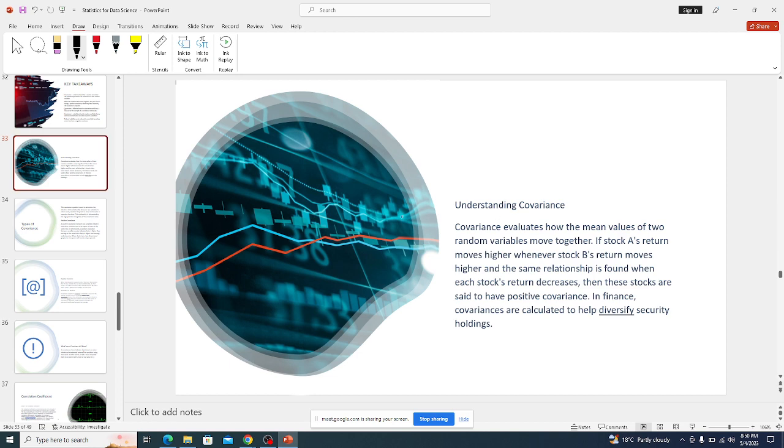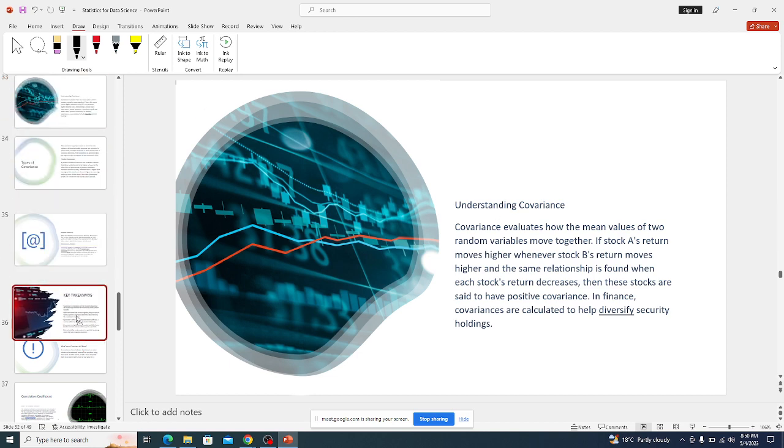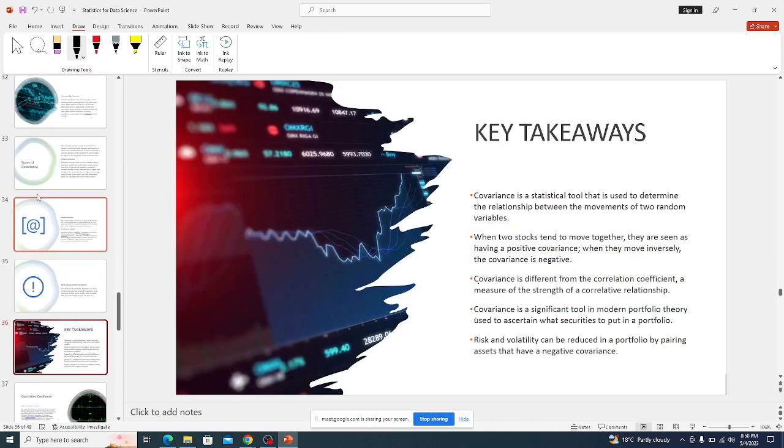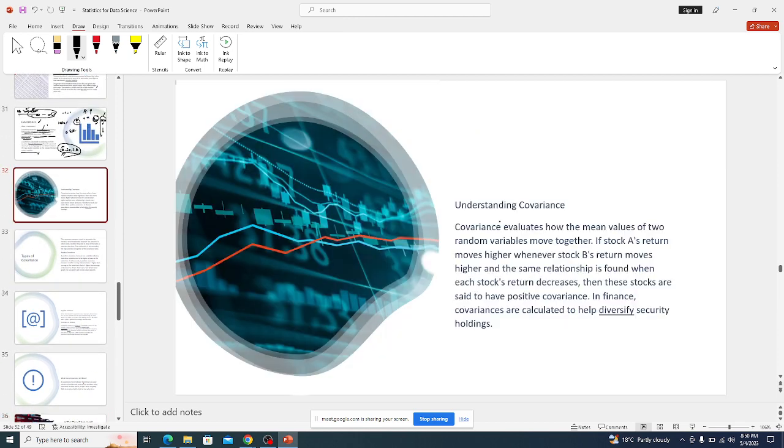Before we go to the takeaways, we can try and understand the covariance. We've said that covariance evaluates how the mean values of two random variables move together.